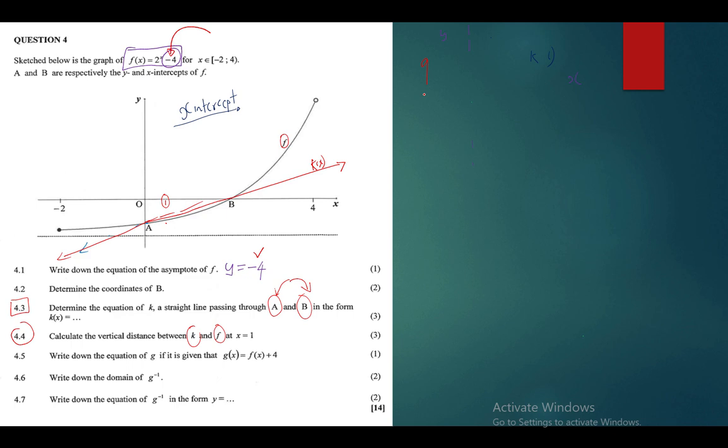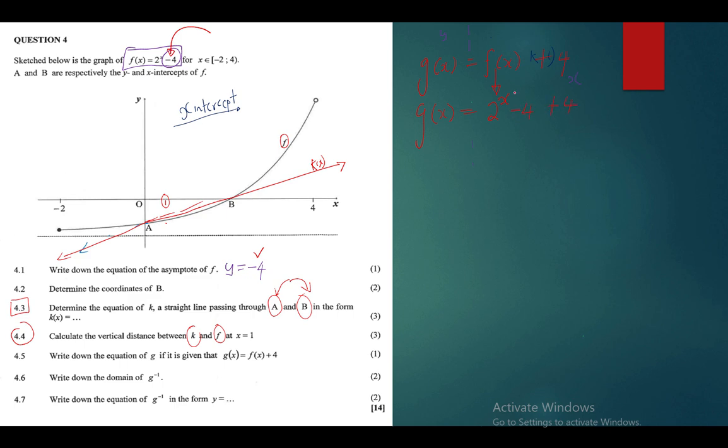Remember, they are saying g of x is equal to f of x plus 4. This is an easy mark. So we want to know the equation of g. So you say g of x equals, you substitute f of x. You know your f of x is 2 to the exponent x minus 4, plus 4.